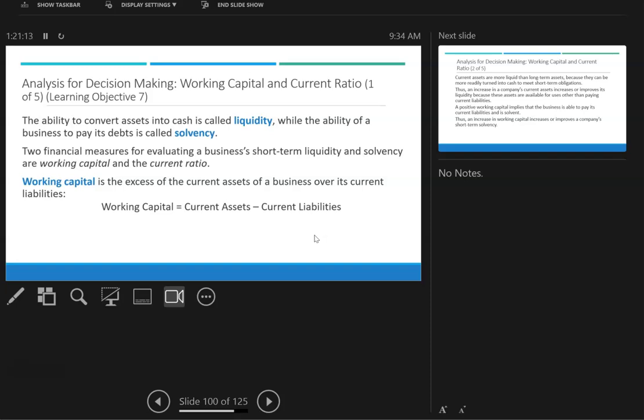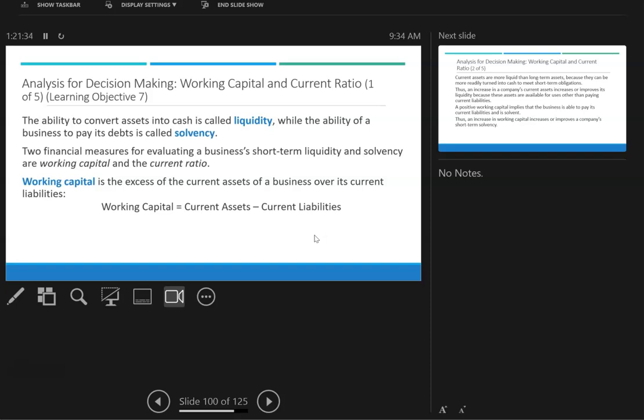The ability of a business to pay its debts is called solvency. You can have great ideas, you can even make money, but if you're not getting the money in order to pay your bills, are you going to stay in business? So liquidity is crucial for a company. You're not going to have employees if you don't pay them on time.